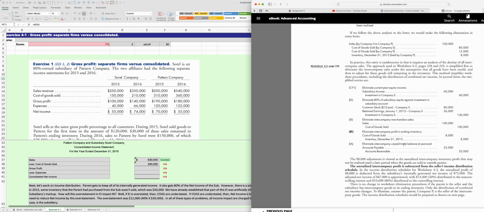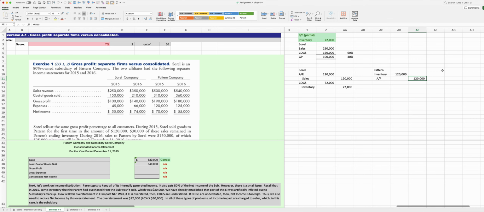Whatever the unpaid balances are, we simply undo them by debiting accounts payable and crediting accounts receivable, and so that's going to be one of our first elimination entries, where we're going to simply get rid of the intercompany trade balances. In this case, we would debit accounts payable and credit accounts receivable for the 120,000.